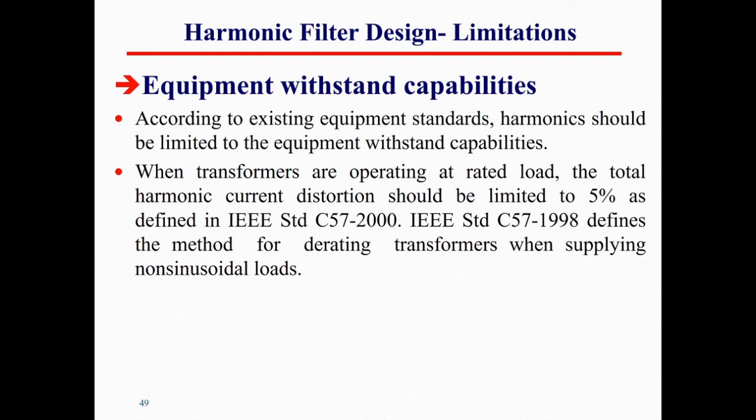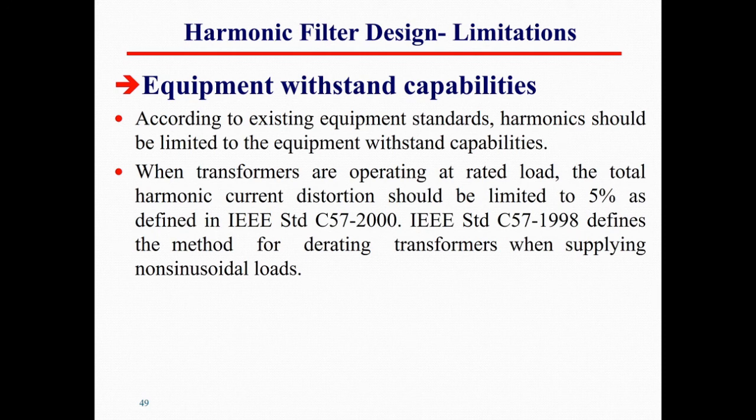But if the transformer is utilized to provide power to equipment or to a nonlinear load that will generate harmonic, then of course we have to consider that one. Okay, so as we said that we need to derate the transformer. So if the load, let us say it needs 100 kilovolt ampere and it has harmonic content, then we cannot choose 100 kilovolt ampere transformer. We have to choose transformer bigger than that.